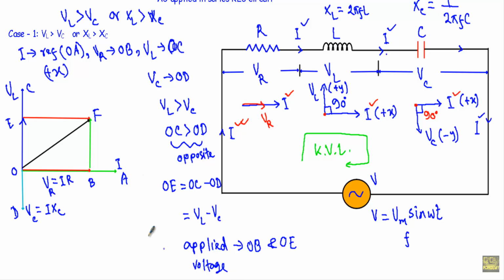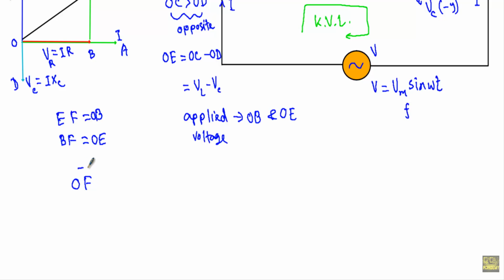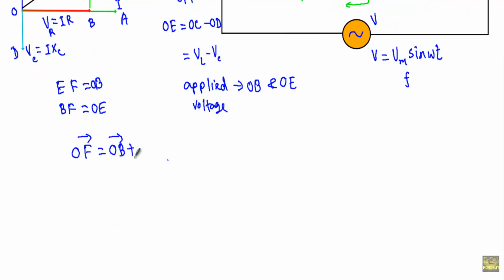Okay, now see if this EF be the equal vector of OB and the BF be the equal vector of OE, you will see I will get a vector OF, which will be the algebraic sum of OB and this BF. This BF is equal to OE.